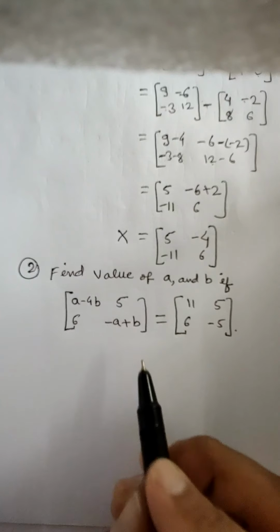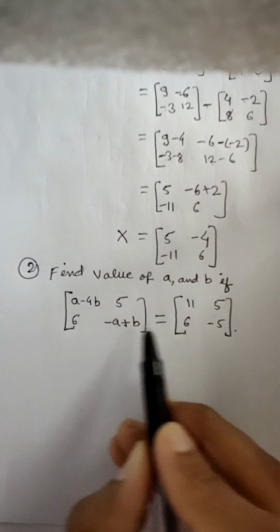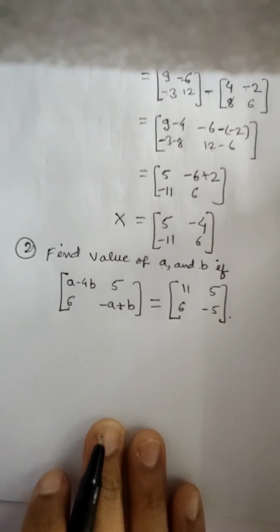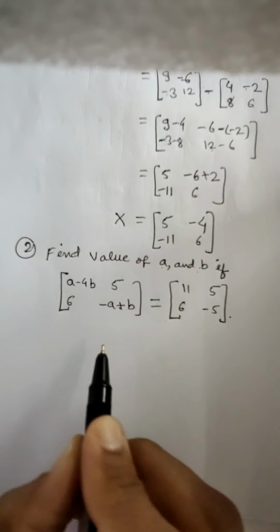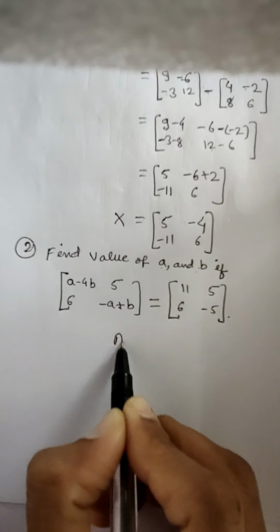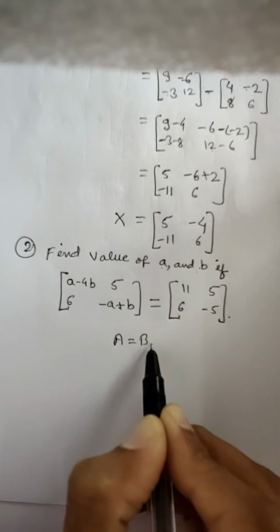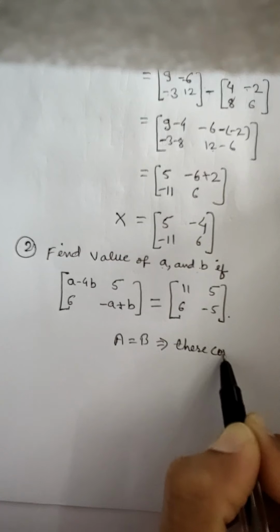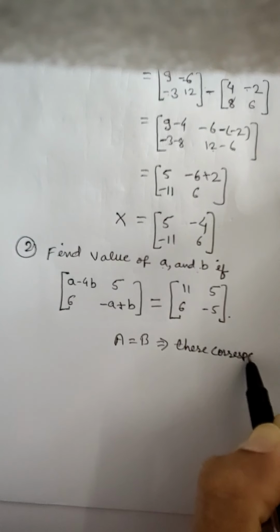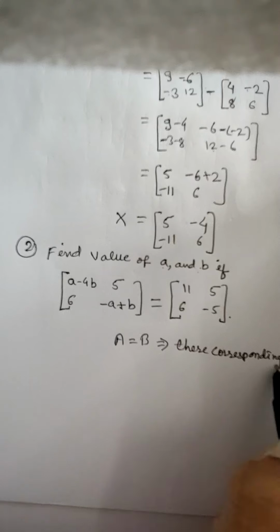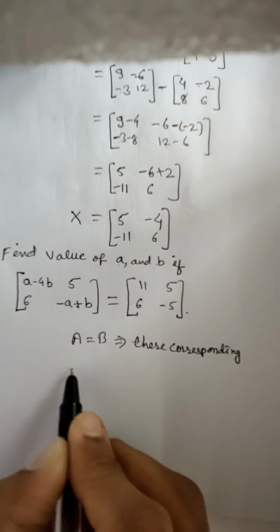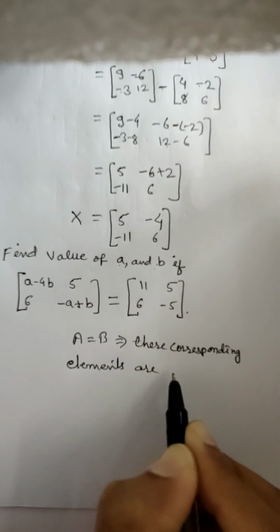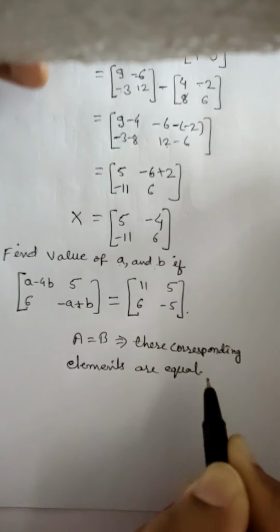So these two matrices are given equal and we need to find the values of A and B. Before moving to solving this example, always remember that if two matrices A equal to B are given to you, then it means their corresponding elements are equal.